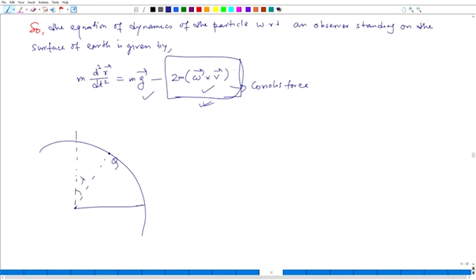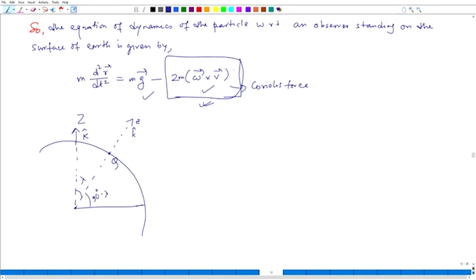That means that the angle between its local vertical, or we can say the small z direction, and the capital Z direction, they are making an angle lambda. I can say this is the capital K cap direction, this is the small k cap direction. So, if this is co-latitude lambda, then the latitude will be 90 degree minus lambda.